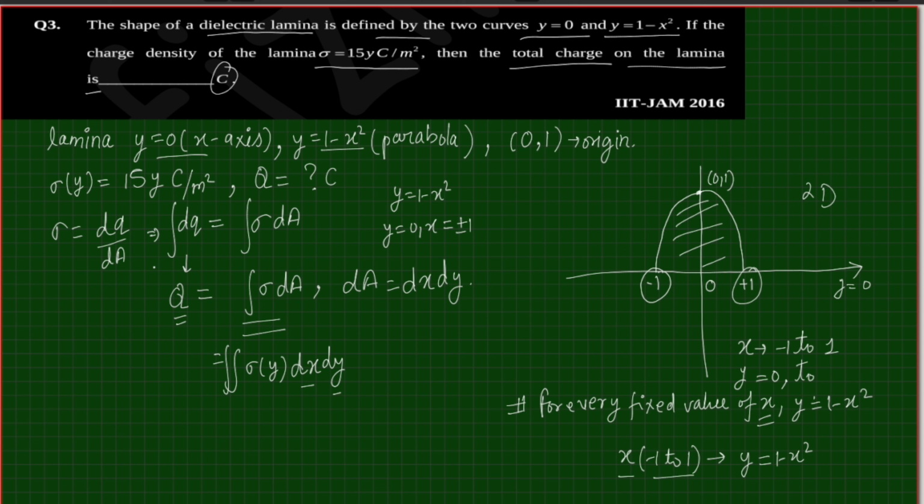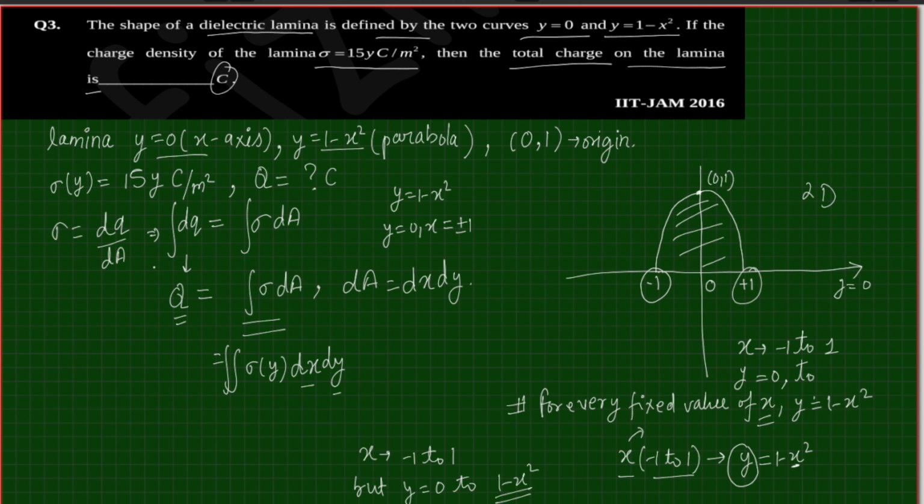Whatever value of x in the limit I am using, corresponding to that x value, the y limit is put there. So x is from minus 1 to 1, but y is from 0 to 1 minus x square, because this is a function.